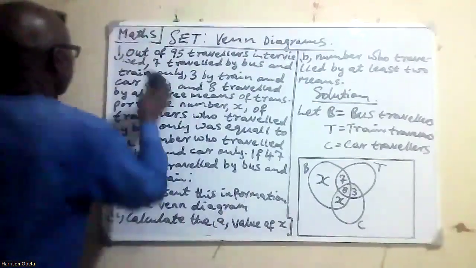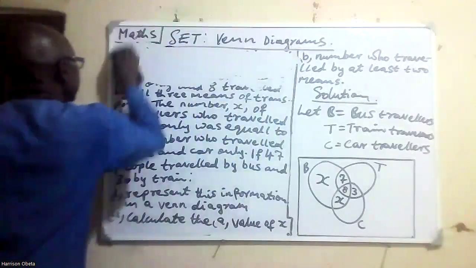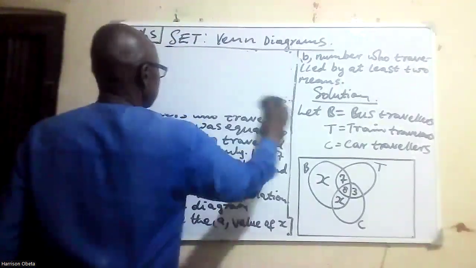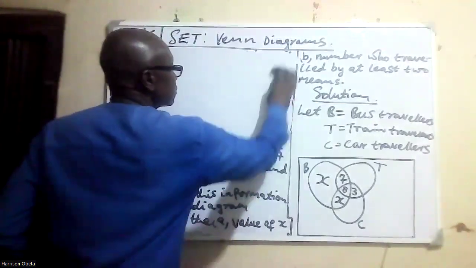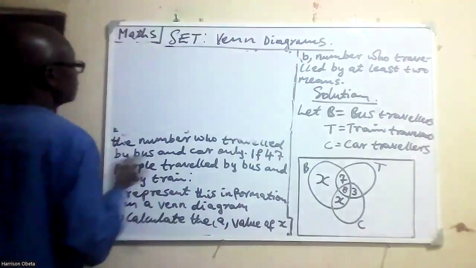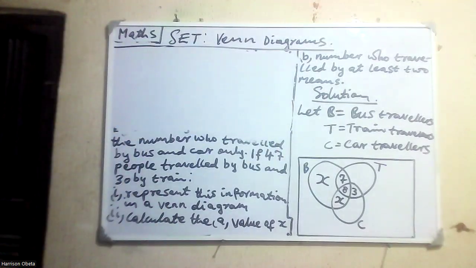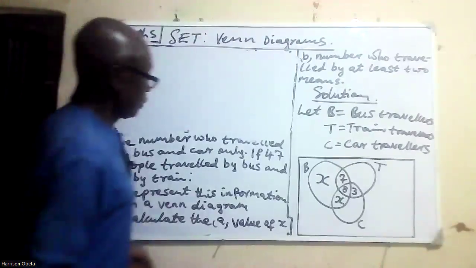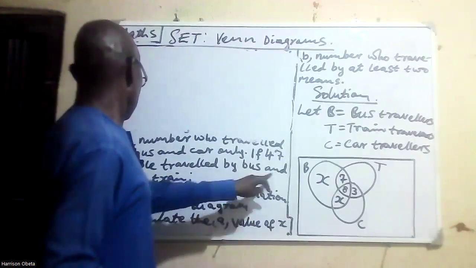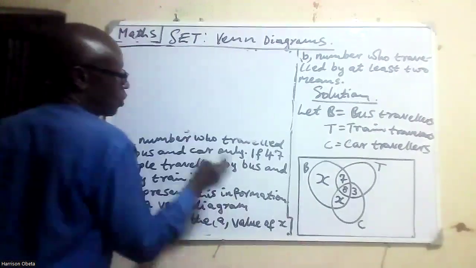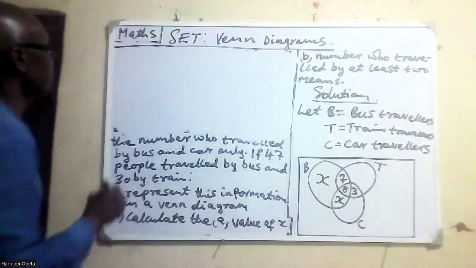So coming back, we are told that 47 people traveled by bus. And so we will now add everything in this circle and equate it to 47.